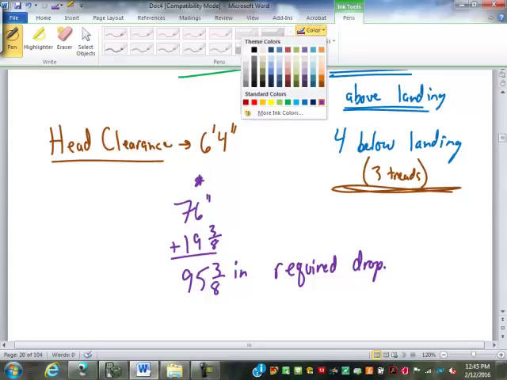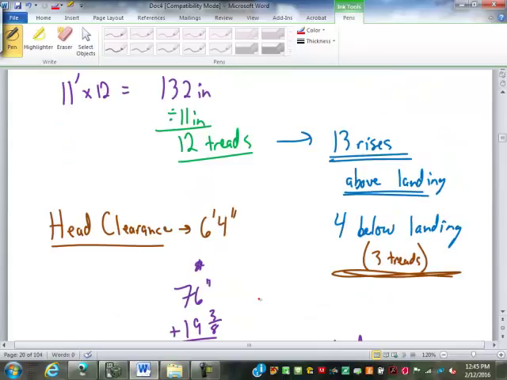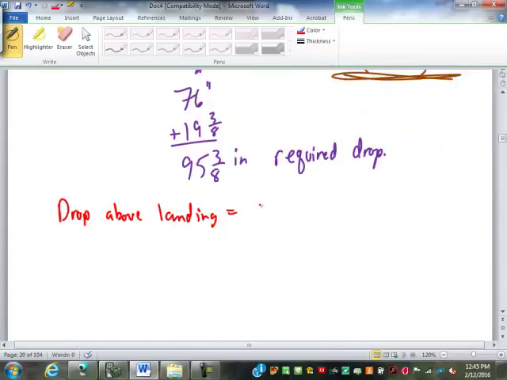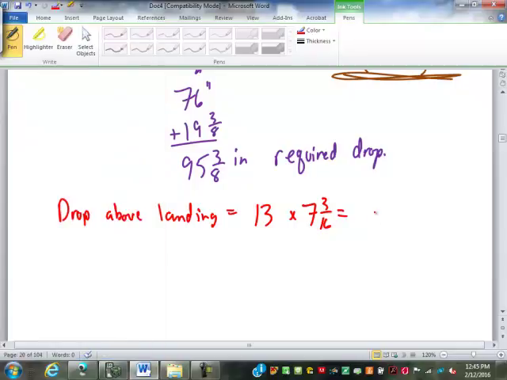Now, what is our drop above the landing? Well, 7 3/16 times 13 rises, 13 rises times 7 3/16 each, is 93 7/16.